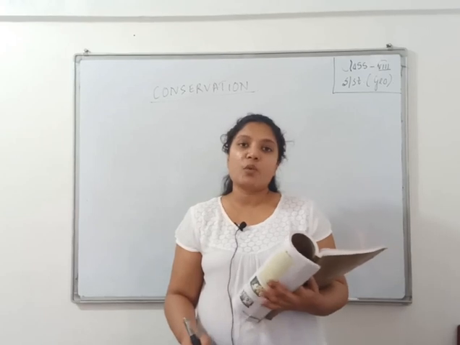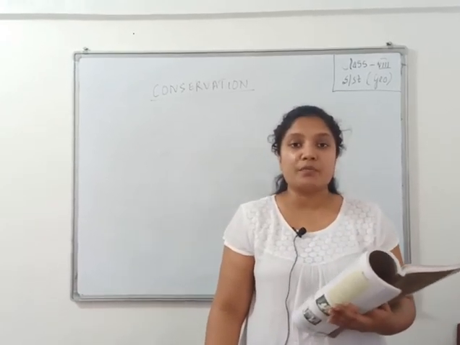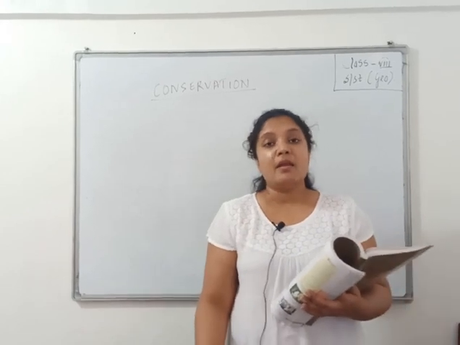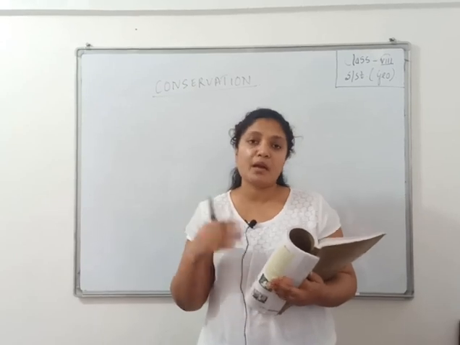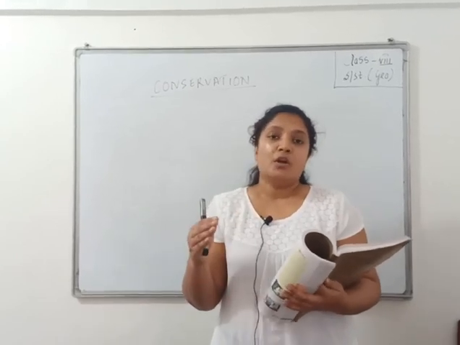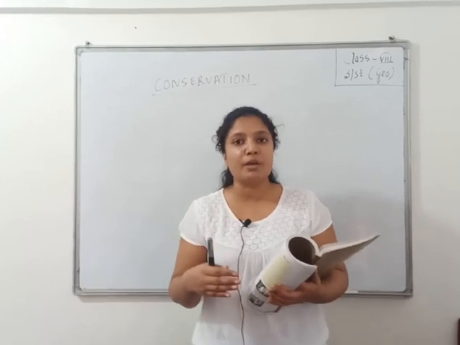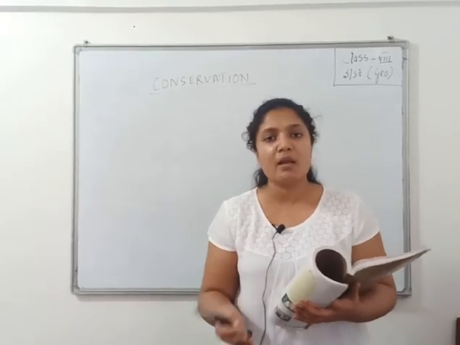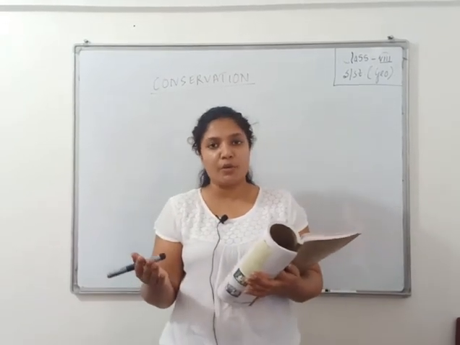And also if we want to conserve our forest, we have to improve the quality of life. Again, we have to improve the quality of air and water too. How can we do so? By controlling the pollution. If we control the pollution, then naturally the air will be clean. No air pollution, no water pollution, then naturally we will all have a healthy life.